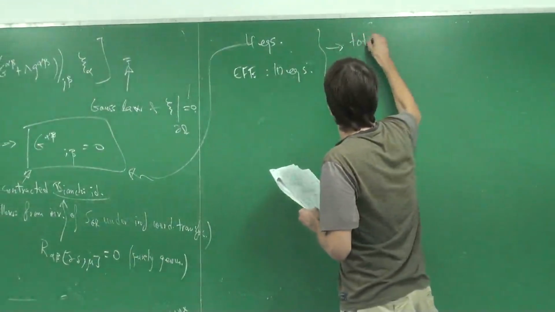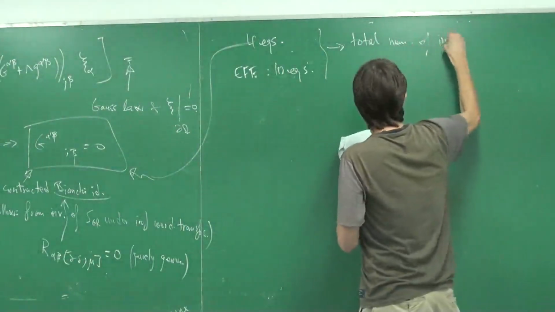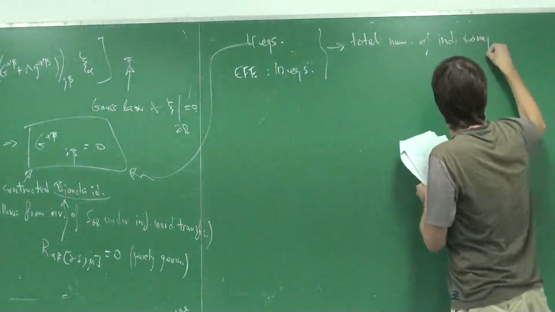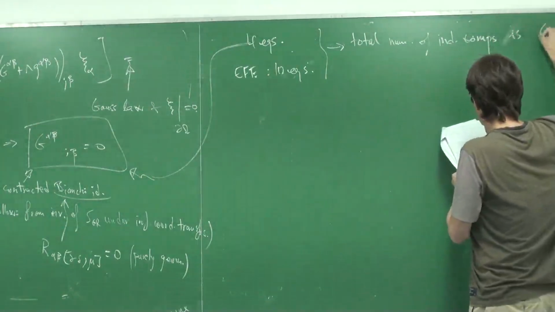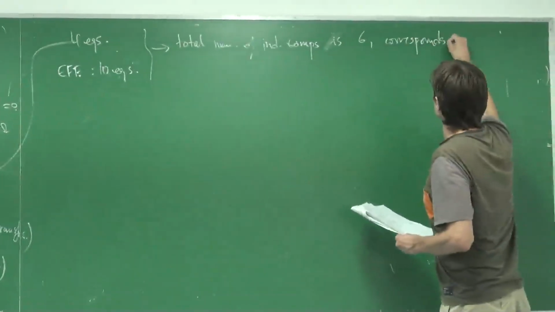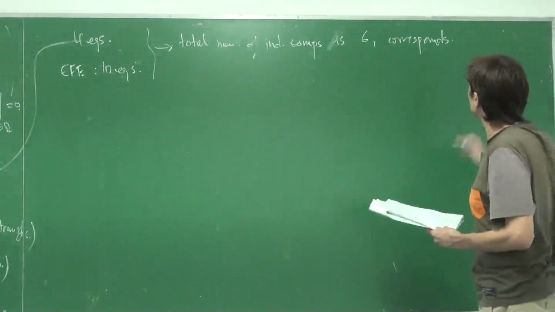So the total number of independent components is 6, and this corresponds to the degrees of freedom of GR, to the gauge freedom of GR.